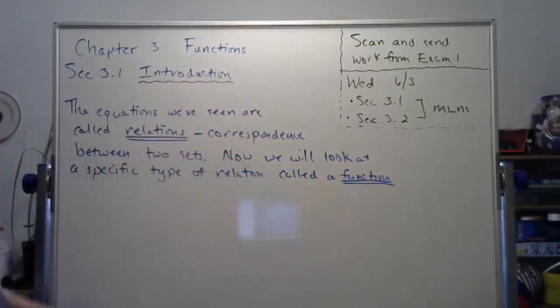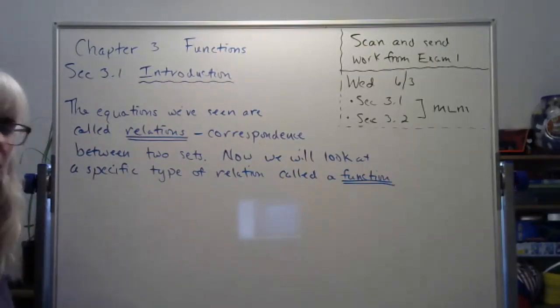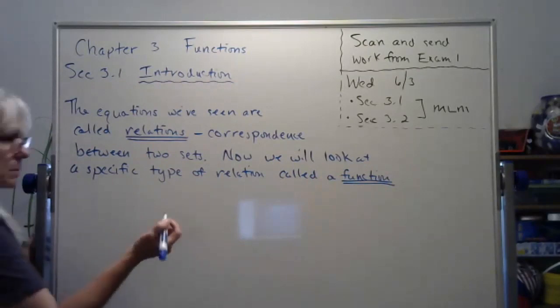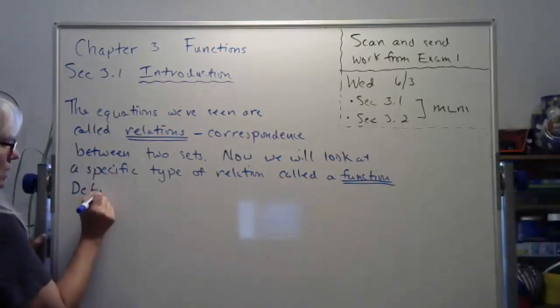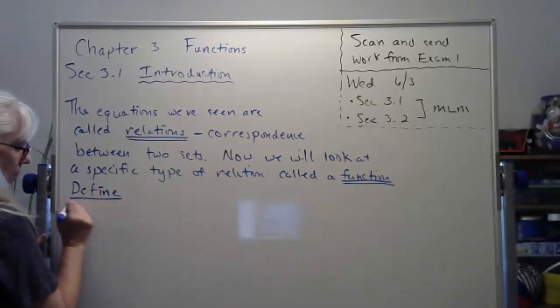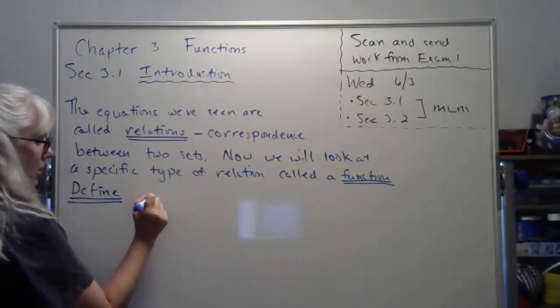So from here on in, the types of relations we're going to deal with are called functions. And I think you probably have seen this before. I'm going to give you a layman's definition of a function. It's one of the few things where we definitely are specific about that definition. So we're going to define a function.